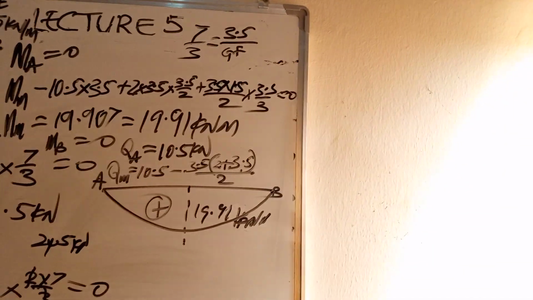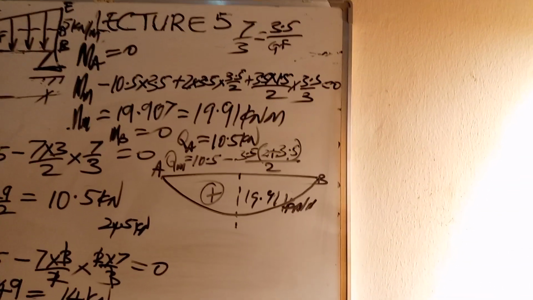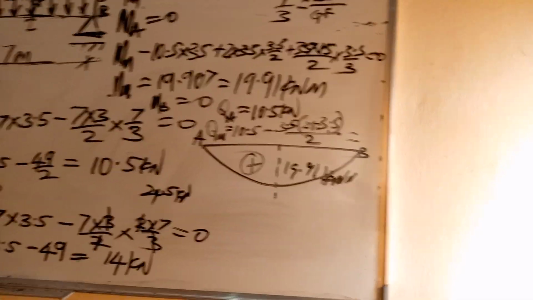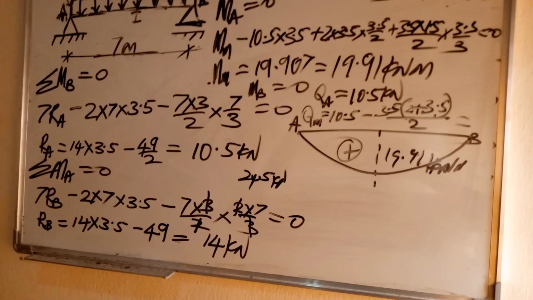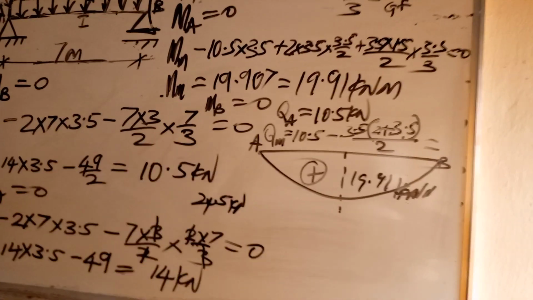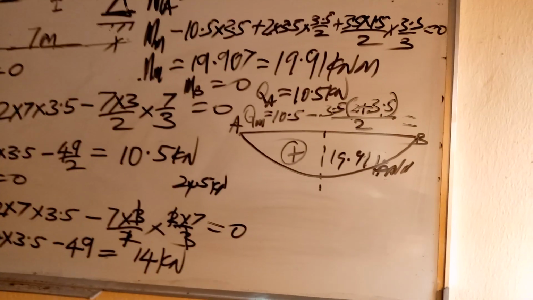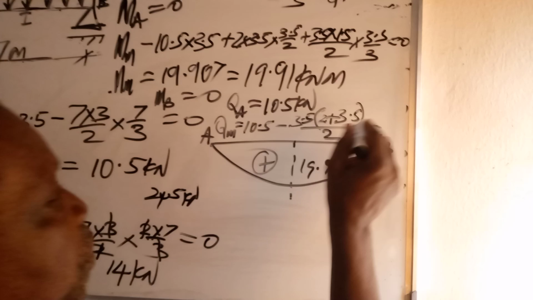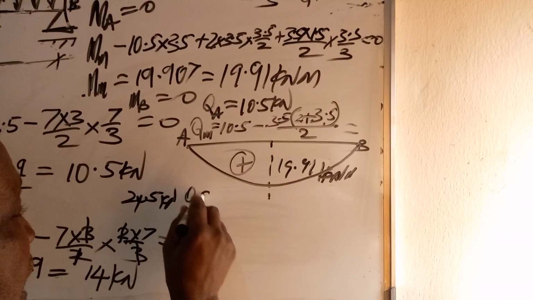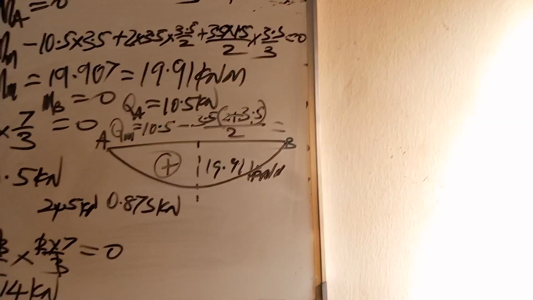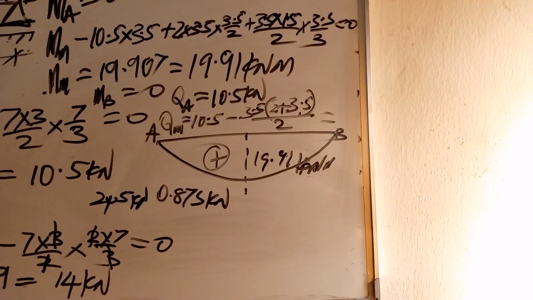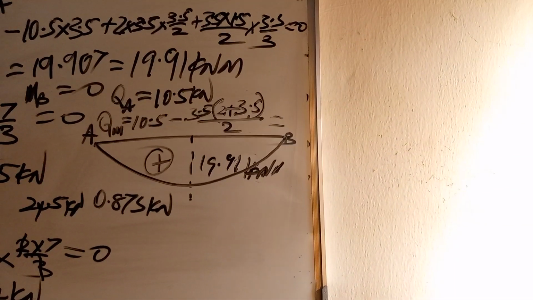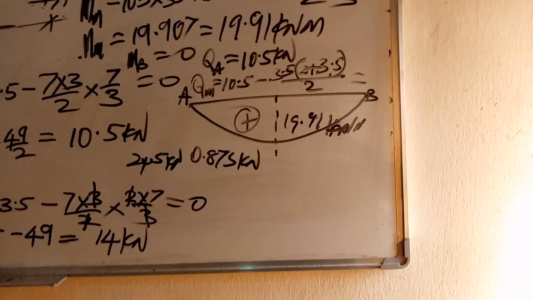So 10.5 minus that will give us the shear force at the midspan, which I got equal to 0.875 kilonewton. That's the shear force at the middle, which is positive.